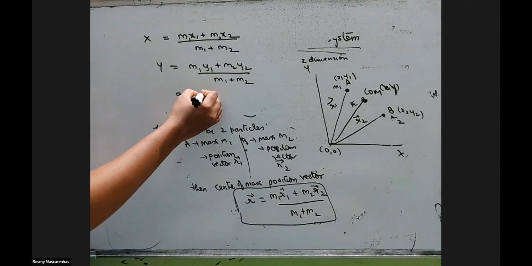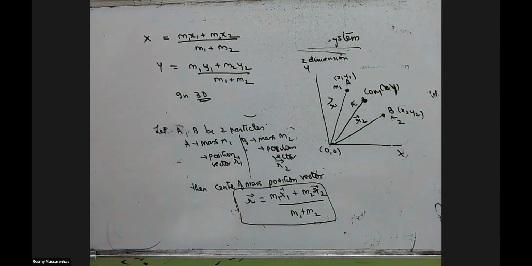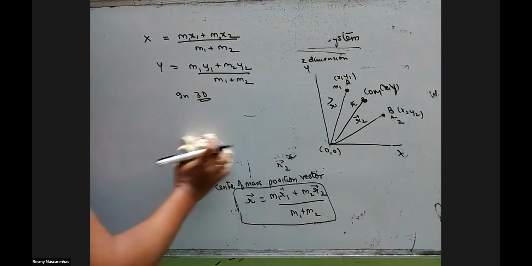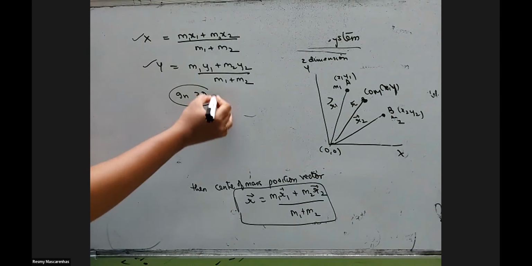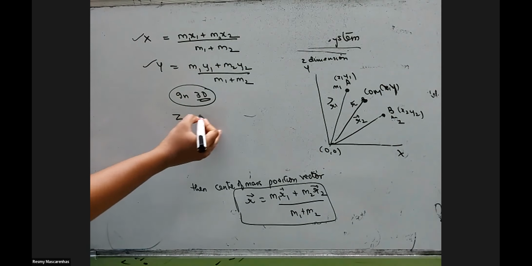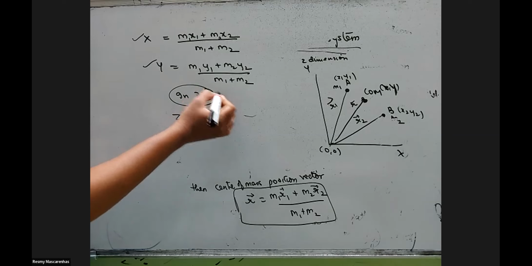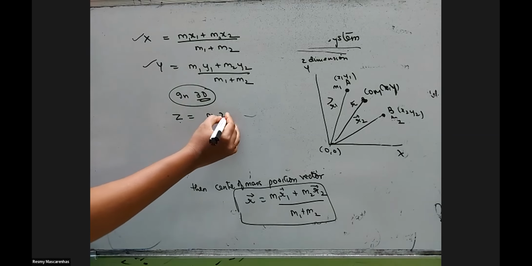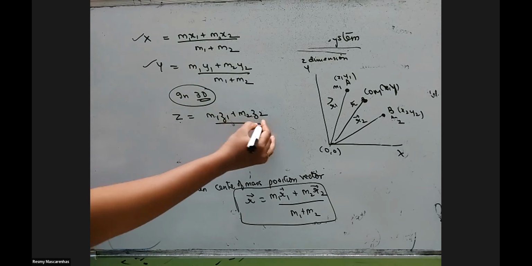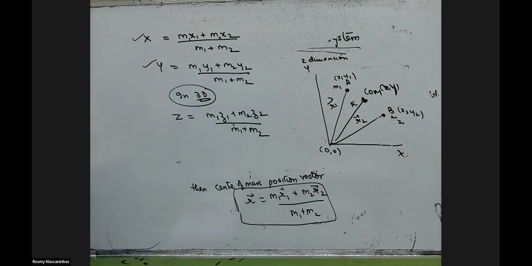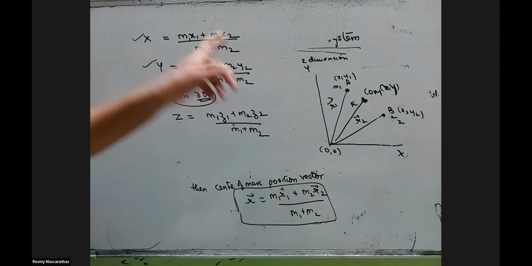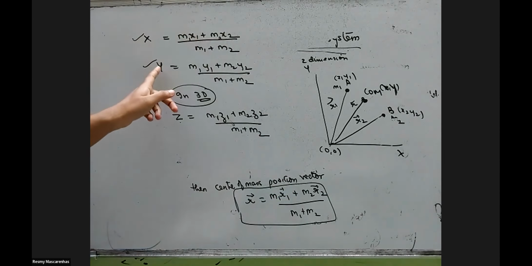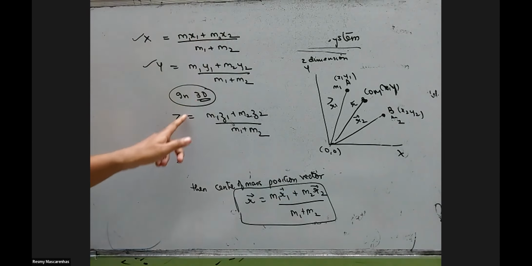And in 3 dimensions, if they say this is in 3D, then if you want to find the z coordinate, it would be x, y, and z axes. X and y are the same formula, only in 3D there will be an extra axis, that is the z axis. So in that case it would be m1 z1 plus m2 z2 upon m1 plus m2. It is the same formula. For position vector you have to use the letter r. For the x coordinate you have to use x. For the y coordinate you have to use y, and in 3D for the z coordinate you have to use z.